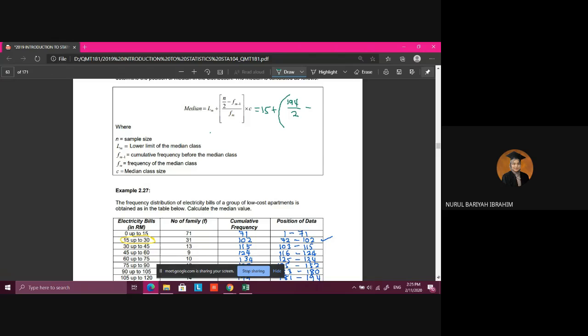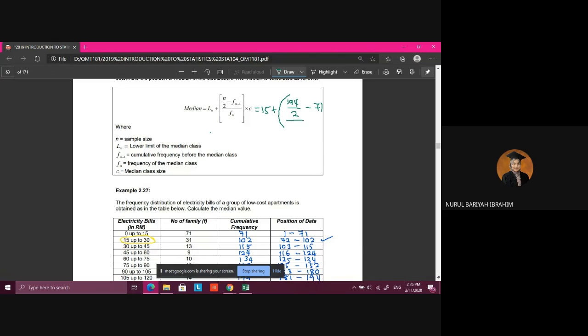The second row here is the median class. To know the cumulative frequency, look at your cumulative frequency column before the median class. So it is 71, before the median class, the second class. So we take the first class, 71. So here will be 71.